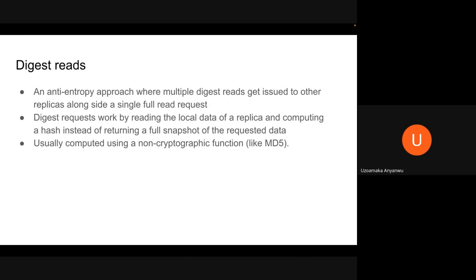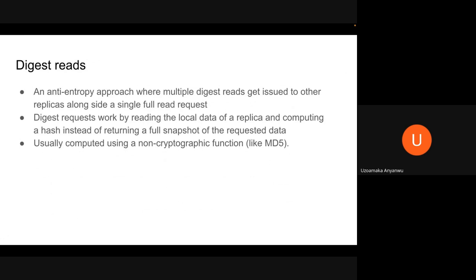Digest requests work by reading the local data of a replica and, instead of returning a full snapshot of the data that's been requested, computing a hash and returning it. The coordinator node compares it to the digest read results of all the other replica nodes. If the hashes match, then they're in sync.